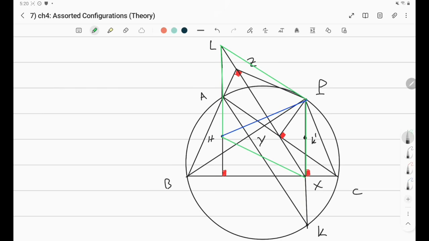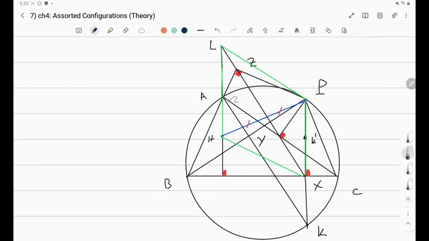Of course, as you know, in any parallelogram, the two diagonals bisect each other, right? So what we're interested in here is this: the Simpson line bisects PH. And that's it. That's actually the final result that we want to conclude in this configuration.